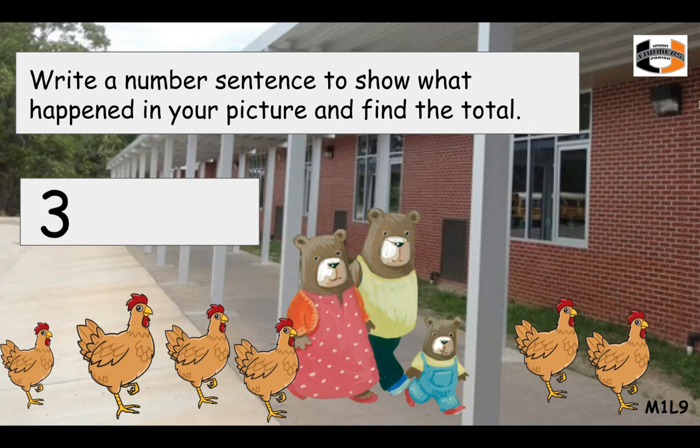So we had 3 bears, and then we added the 6 chickens. What was the total of animals that arrived at the school? Right, 3 plus 6 equals 9.